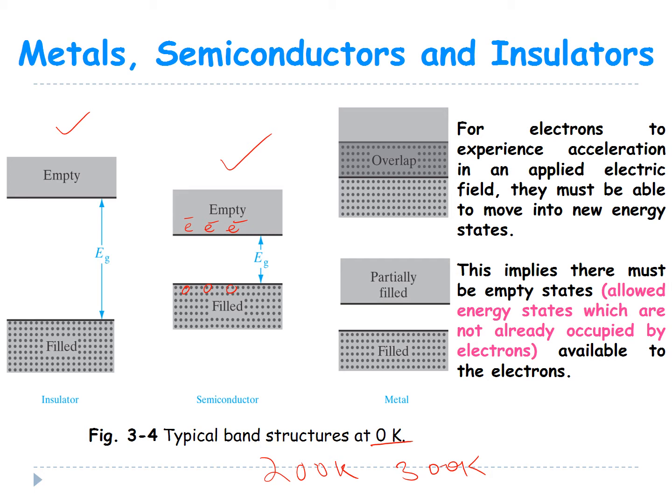The reason for this is because the band gap of the insulator is very large. So you remember we said it's something greater than 5 electron volts, whereas that of a semiconductor is usually less than 3 electron volts. So this energy gap is equivalent to the energy that is required to break the bonds.